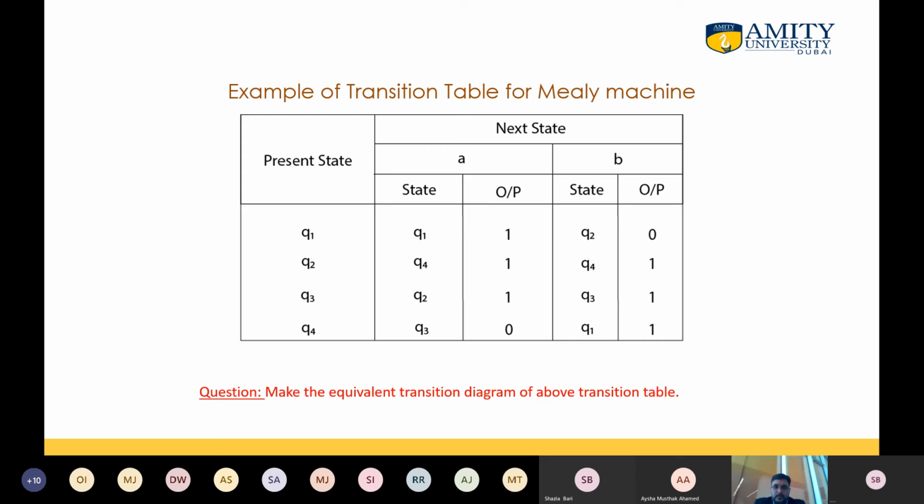No, you are reaching Q2. So Q1 with B input, you will be reaching to Q2, so you will write B/0 on the transition arrow. So Q1 self loop with input A, output 1, and Q1 arrow reaching to Q2 with input B, output 0. So make this equivalent transition diagram for this table as well.